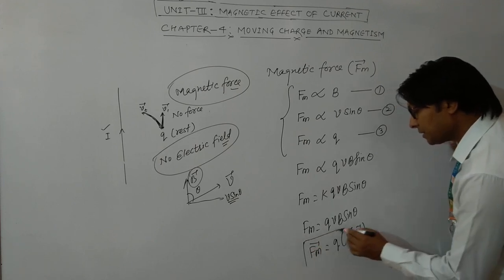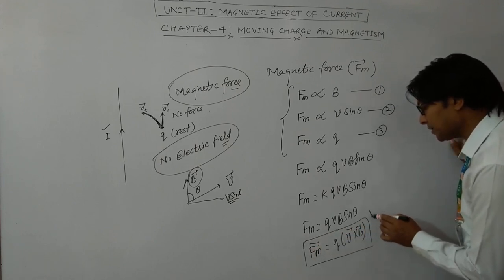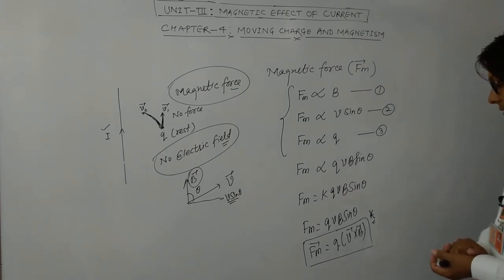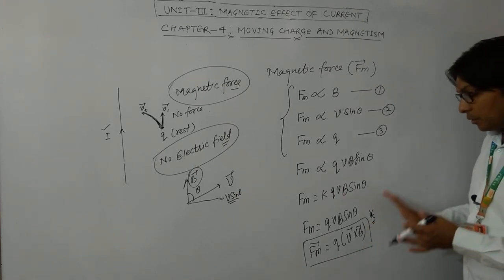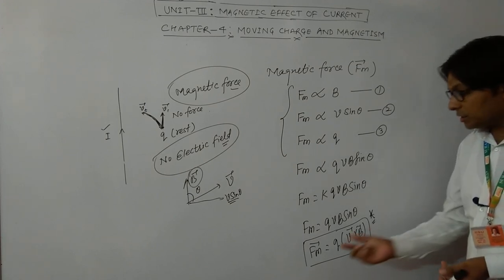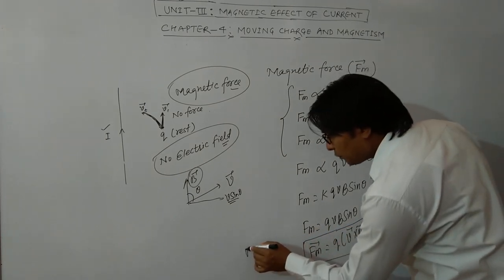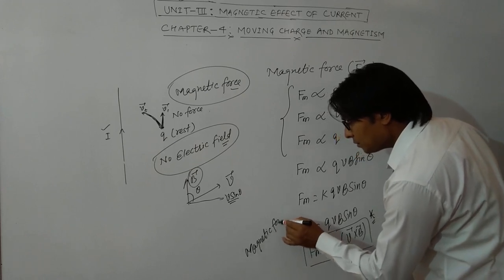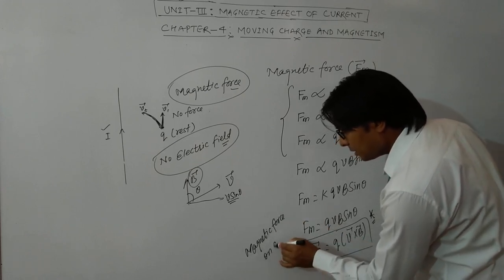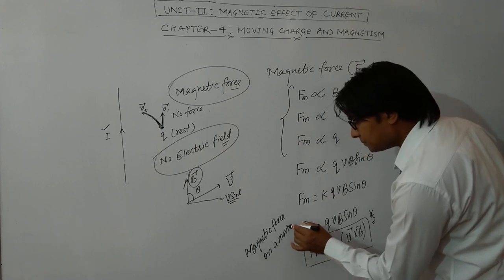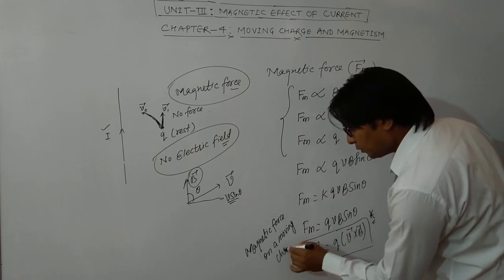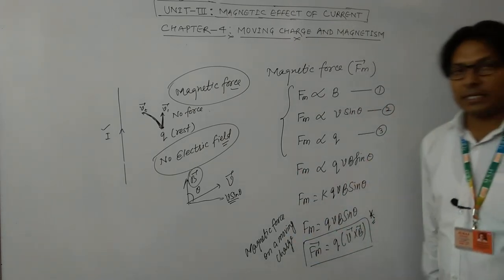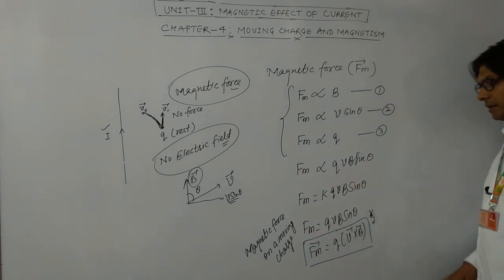So this is a very important expression, and now we are going to make some conclusions on the basis of this equation. So this is the equation for magnetic force on a moving charge near a current carrying conductor or in a magnetic field.